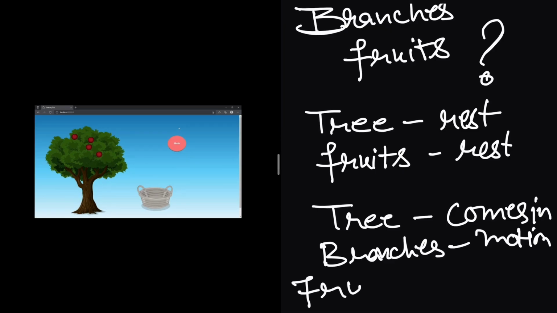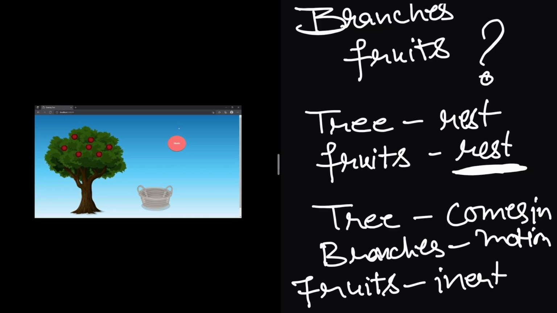But the fruits want to maintain their original state. What was their original state? Rest. Why? Because of the inertia of rest. So that's why they fall down.